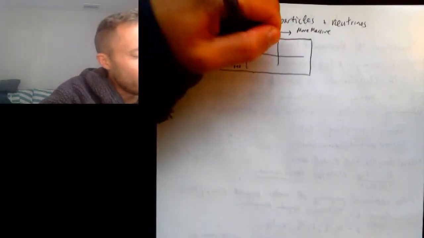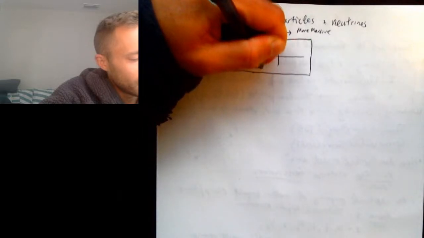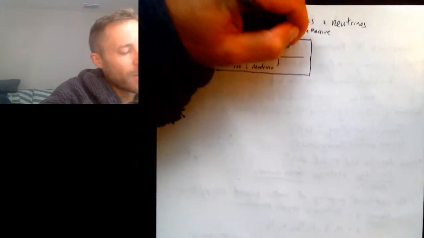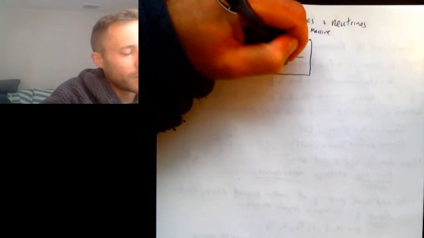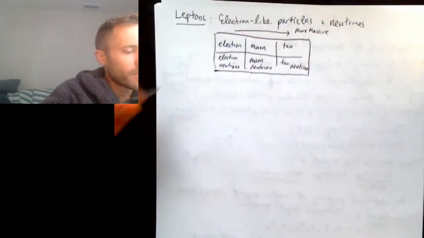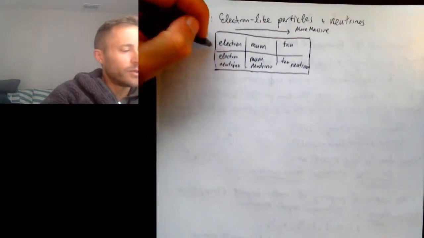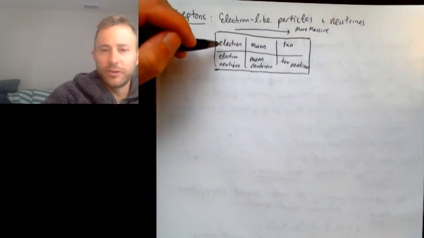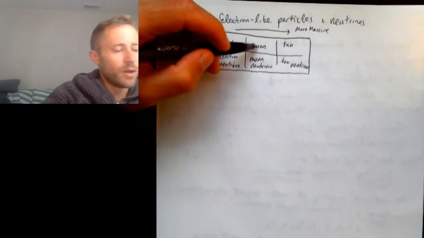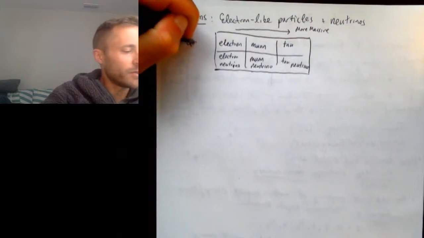And a muon neutrino. Okay. And then we have a tau and a tau neutrino. So this top row, these are the electron-like particles. So the muon, the tau, this top row has a charge of -1.